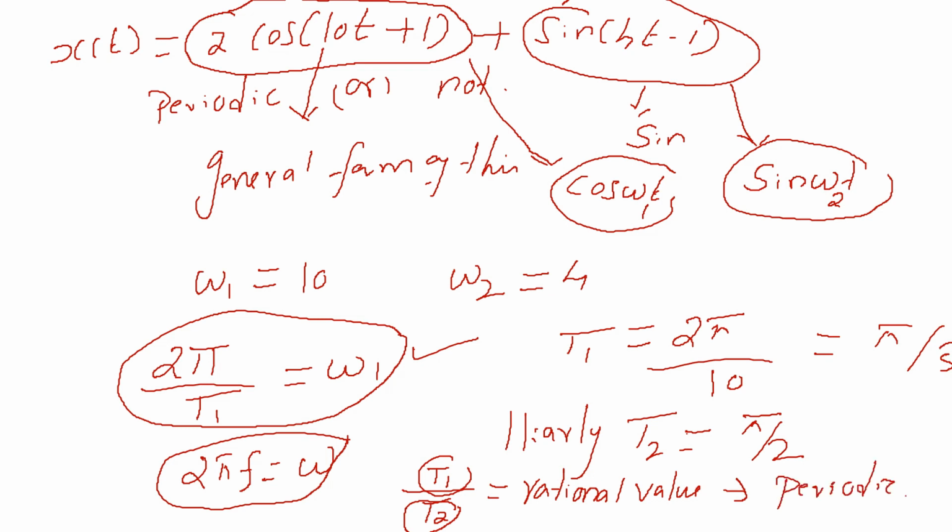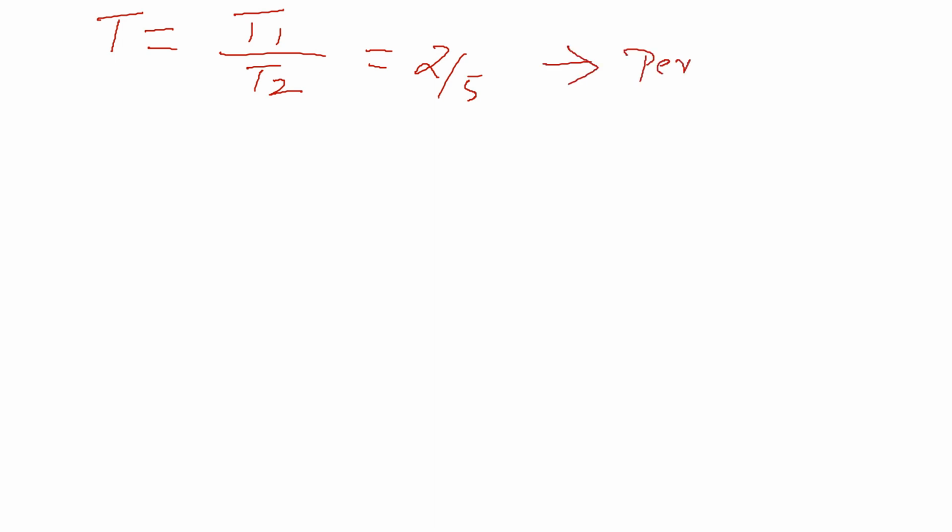So let me change the slide. Let's write like this: the ratio between those two periods is a rational number, and hence we conclude that this particular signal is a periodic signal.